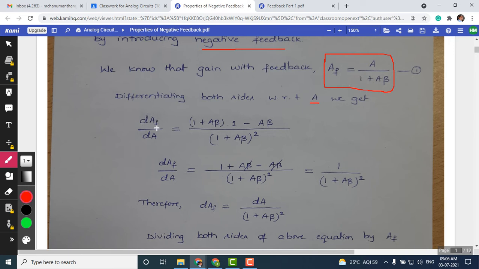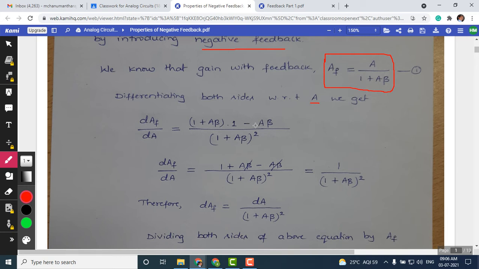So dAF by dA, we are differentiating this AF with reference to the basic amplifier gain A, which is equivalent to: the denominator is (1 plus A beta) whole square, and the numerator has 1 plus A beta kept as it is, that is the denominator term, and we differentiate this A with reference to A only, which gives us 1, and minus as it is.